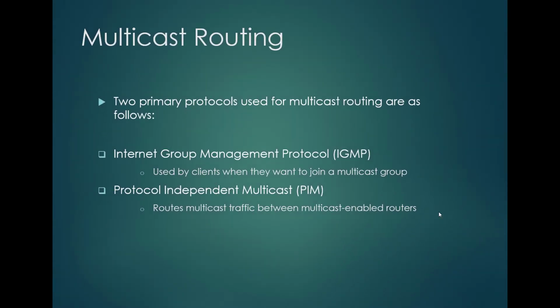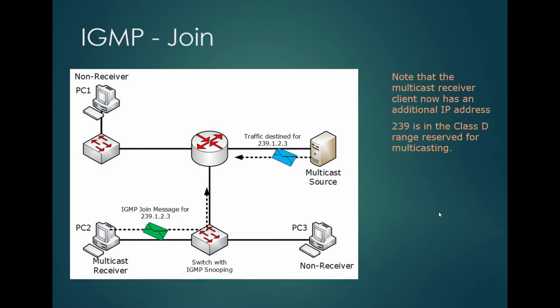Multicast routing. The primary purpose of this is the Internet Group Management Protocol, used by clients who want to join a multicast group, and an independent multicast routing protocol, which routes multicast traffic between multicast-enabled routers. That is a handful.